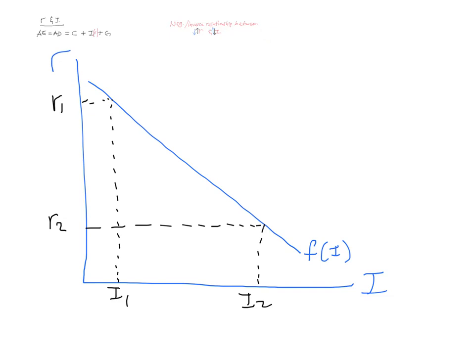So as I've mentioned before, there is a negative relationship between the real interest rate and the quantity of investment. Things can also change if there is a shift in investment behavior. So for example, I'll put this to one side. What happens if there is a change in business behavior?